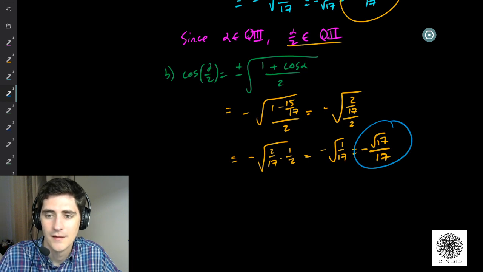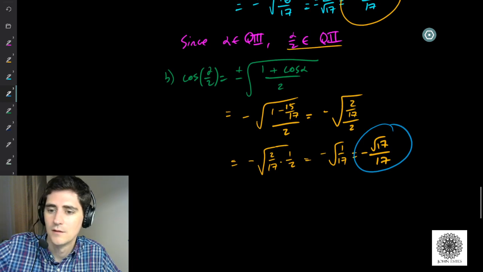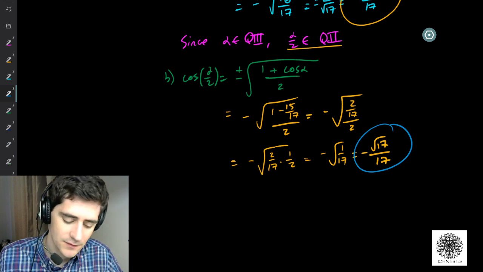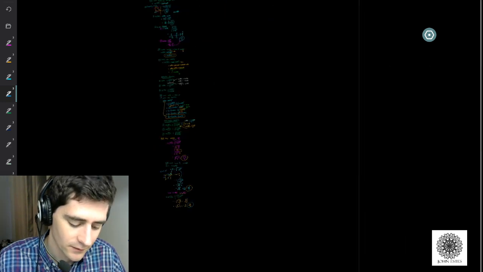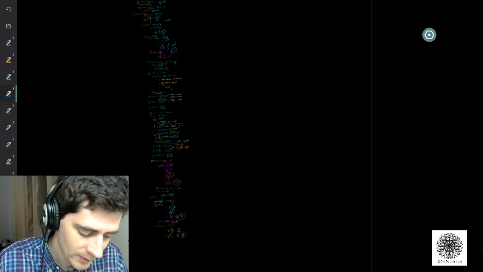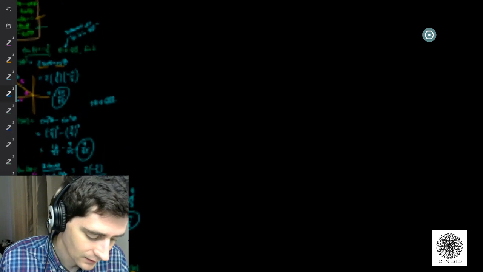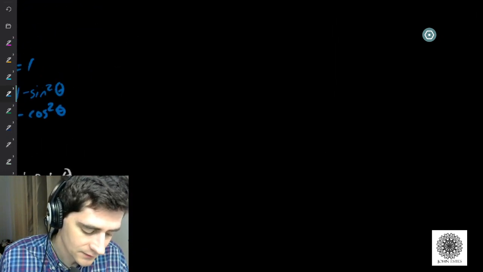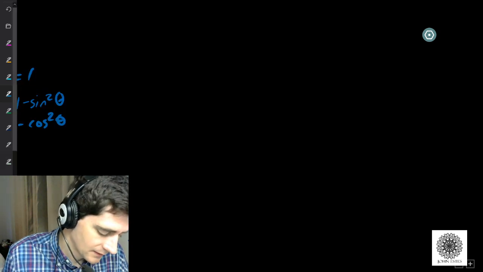All right, from there, let's move on to section 9.5. We're going to look at solving some trig equations. Here's what we've done so far. I'm going to post these notes on Canvas as a PDF. Let's start a little bit of 9.5.